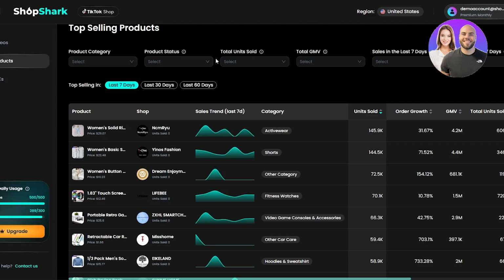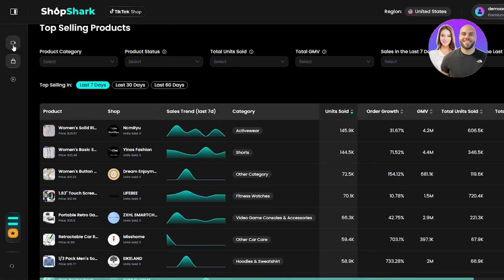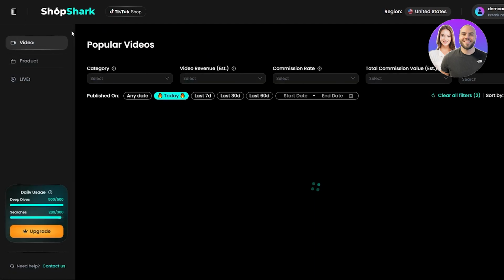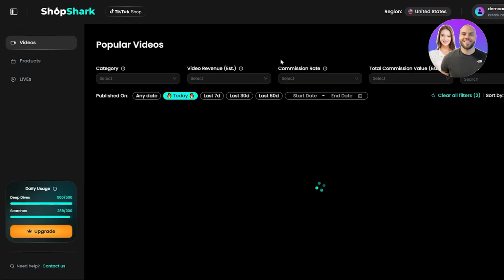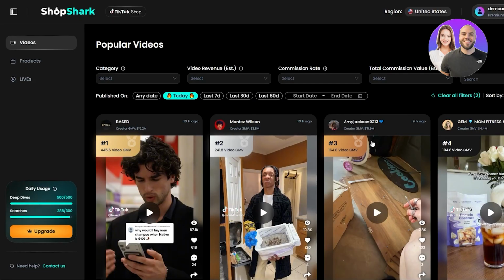So, once you log into ShopShark, this is going to be your main general dashboard. Your dashboard is going to look pretty straightforward. Honestly, the biggest advantage here is that it organizes a huge amount of TikTok Shop data in one place. You can filter products based on their categories, revenue, commission rate, commission value, growth, engagement, creators, sales activity, and trend velocity.